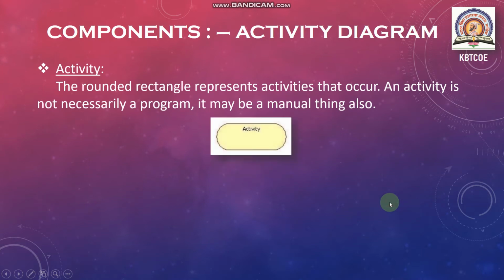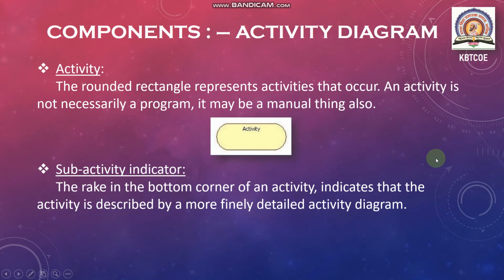The rounded rectangle represents activity that occurs. An activity is not necessarily a program. It may be a manual thing also. This is how we indicate activity in our activity diagram using this rounded rectangular box.